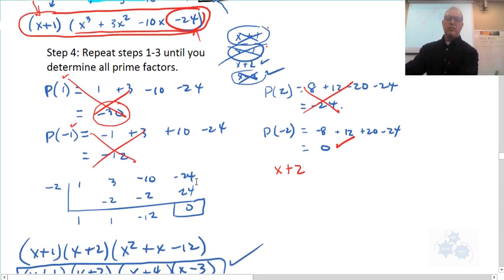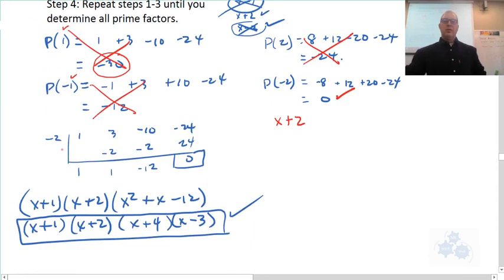And so you keep going, and this is what happens. You get a third factor. So we've got the x plus 1 already from before. We've determined this x plus 2, which is right here. And then we have this factor, and that's going to be x squared plus x minus 12.